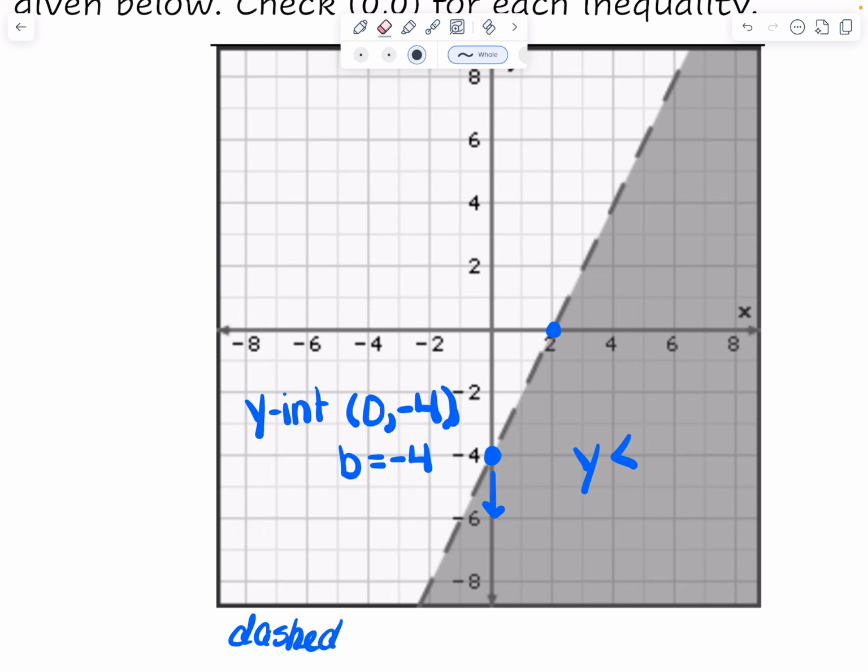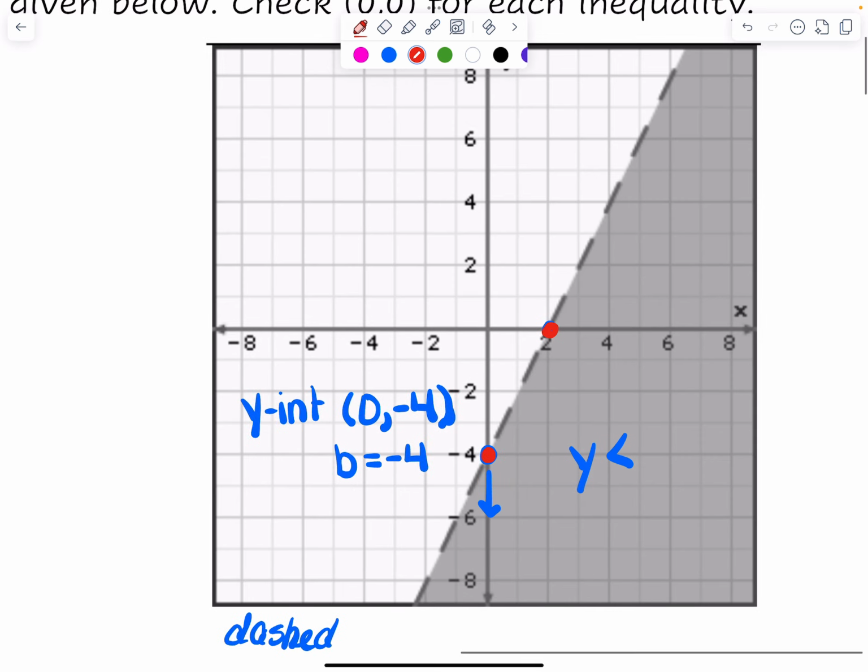Now, oftentimes I will look to see if the y-intercept is a nice point and if the x-intercept is a nice point. If they are, I'm going to use those 2 points to count my rise over run. Now, on the worksheet, these might not show up as well, but I did notice that the numbers here told me that this went up by 2, that went up by 4.